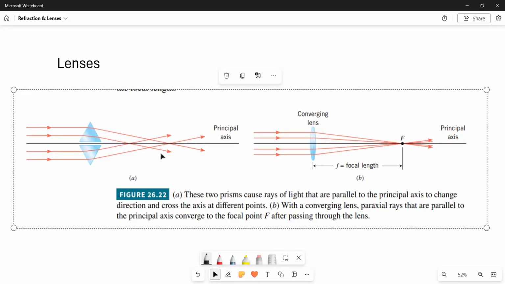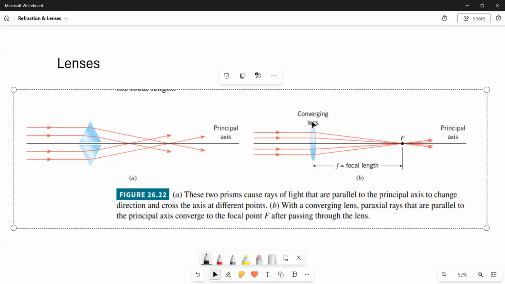So what about if, instead of using two prisms, we just have a lens, in the shape of a flattened pair of prisms? And this is what will happen.